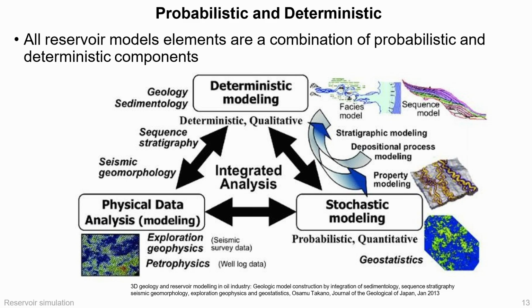This combination is extremely important. If we use only deterministic thinking, we may ignore uncertainty. If we use only stochastic thinking, we may lose geological realism. Good reservoir modeling integrates both.